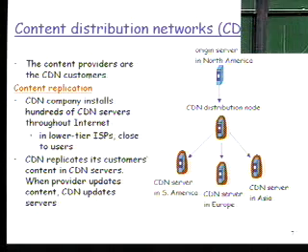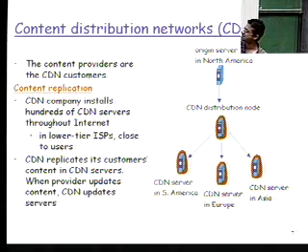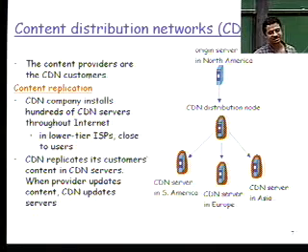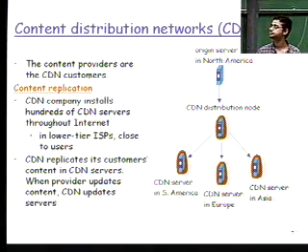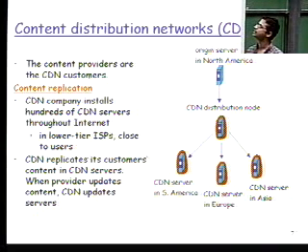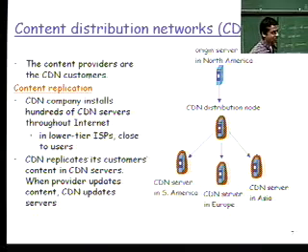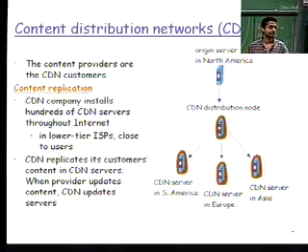You can think of a CDN server as a cache server or a proxy server. The clients of a CDN node are going to be origin servers or content providers. So CNN.com is going to be a client of Akamai, which is a CDN provider.